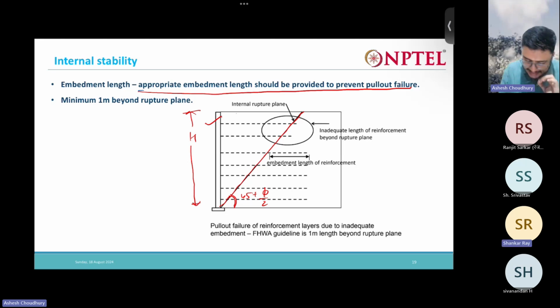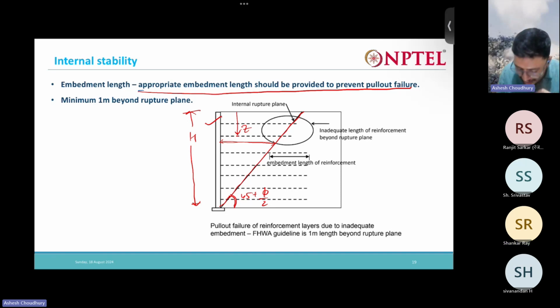Now at any depth z, this length, which is within the wedge, you can find out just from geometry, isn't it? Then you know the angle, you know the height. That length within the wedge you can find out from geometry.